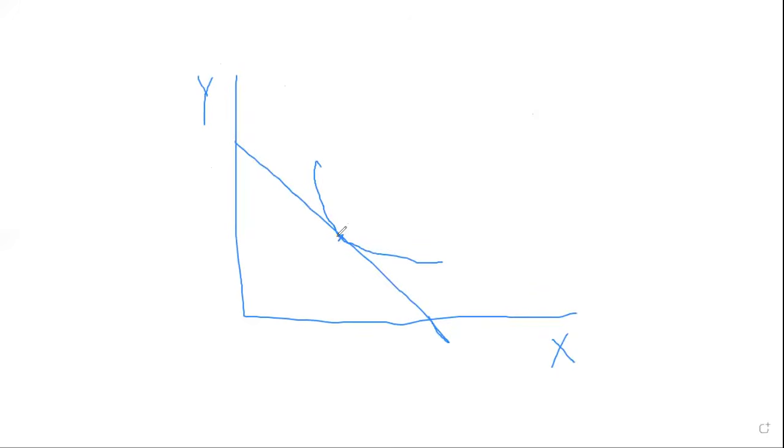So at this point, this quantity of X is consumed, and this quantity of Y is also consumed, right? So this is our indifference curve.